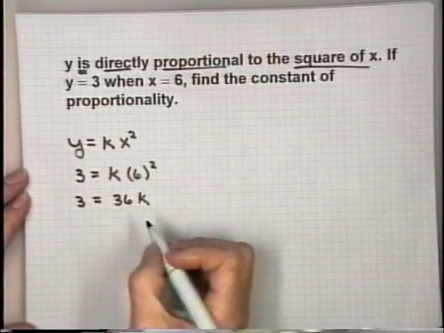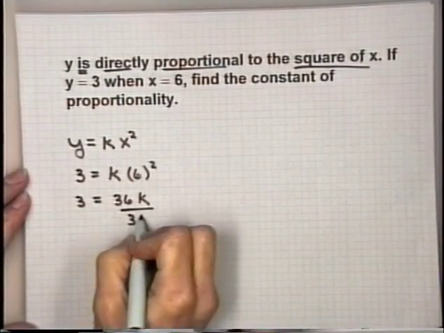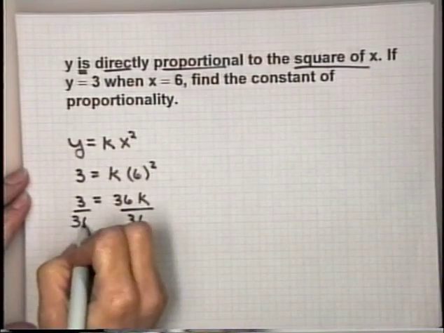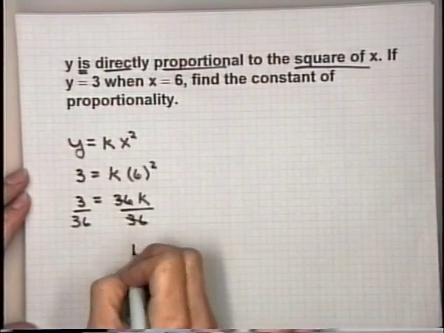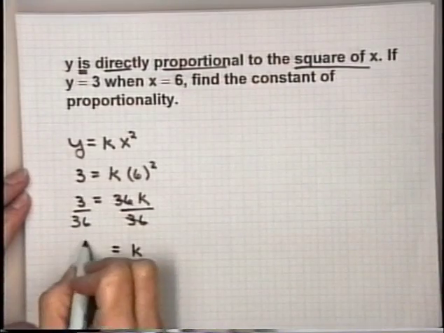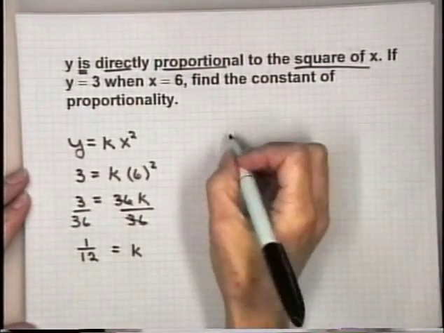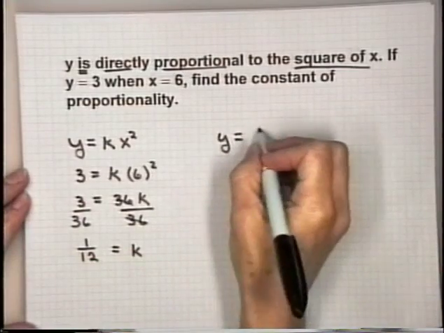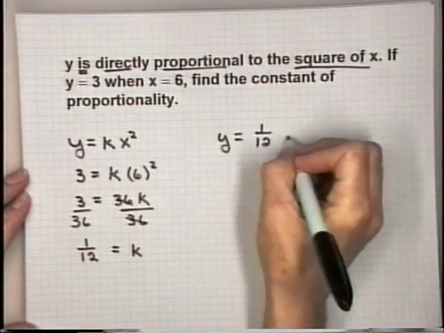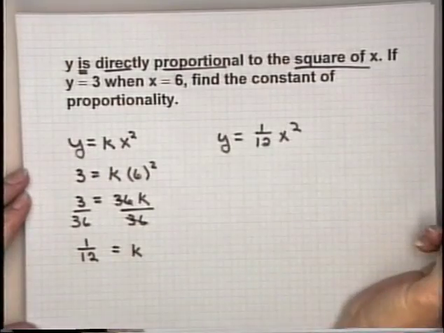Now, again, to solve for k, we need to divide by 36. So dividing by 36, we have k is equal to 1 over 12 here. And so now my equation would be y equals 1/12 times x squared.